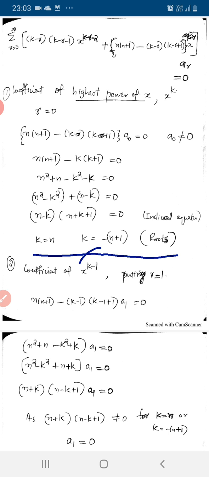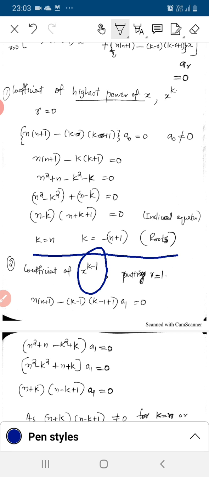And next we see the coefficient of x to the power k minus 1.